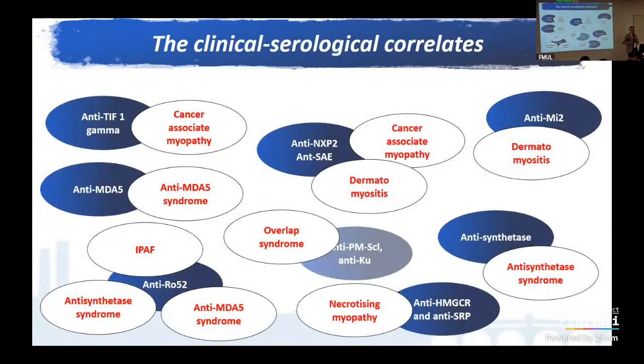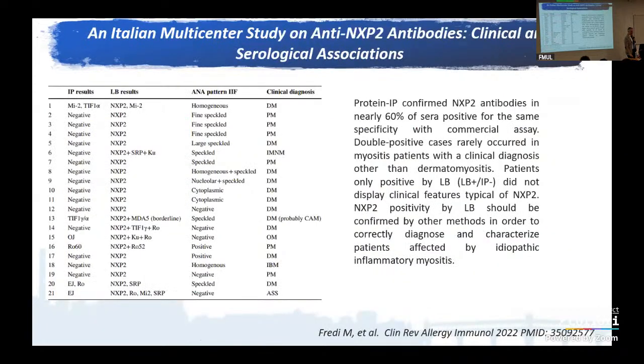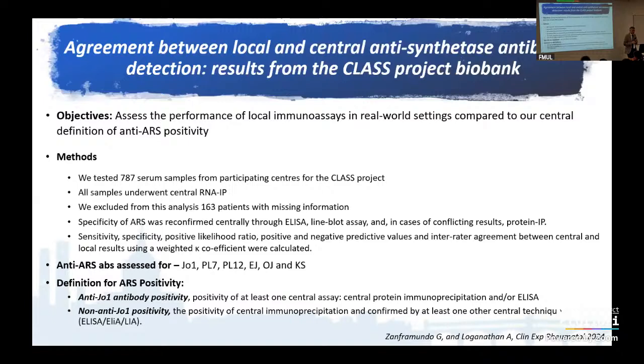Some problems: clinical and serological correlates are for sure important, but remember, antibodies might be false positive and false negative. This has been reported for anti-NXP2 antibodies, in particular in the case of multiple positivity, but we performed this study, and we may have not for anti-Jo1.